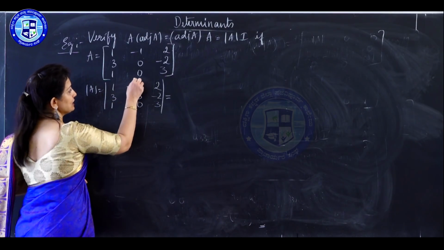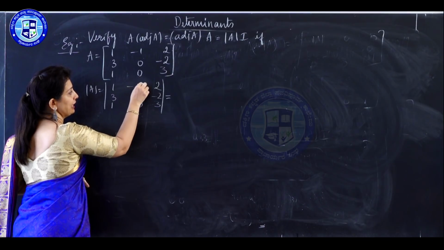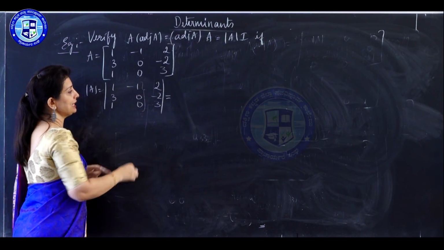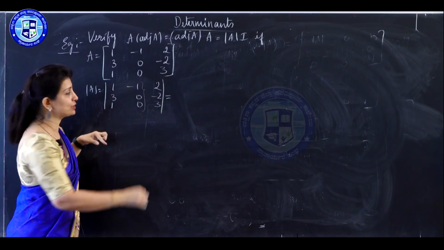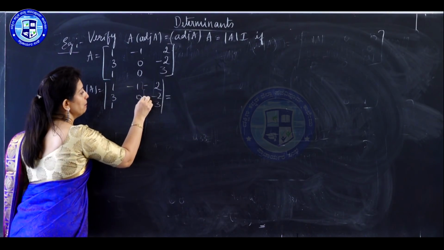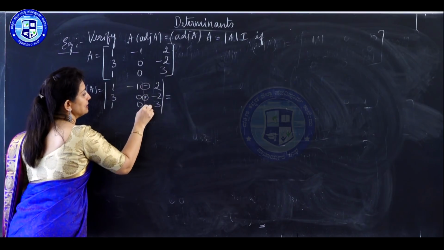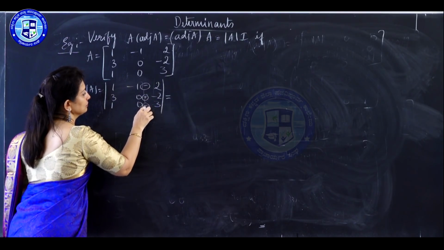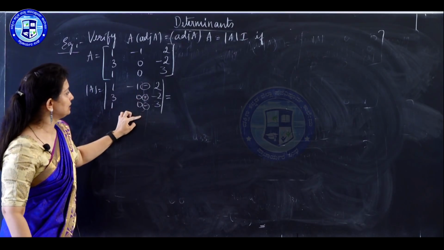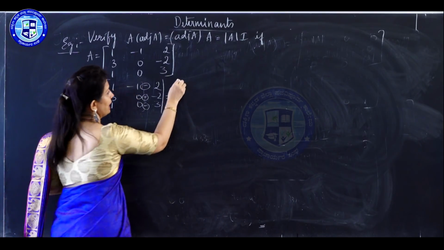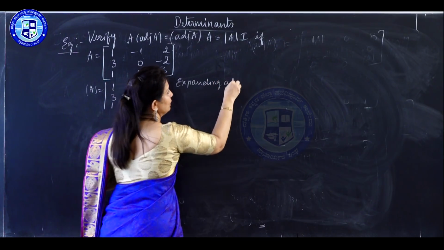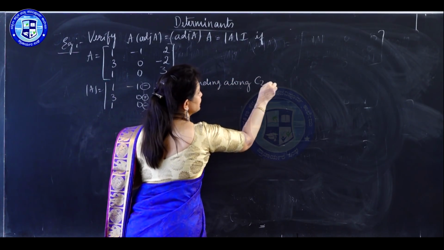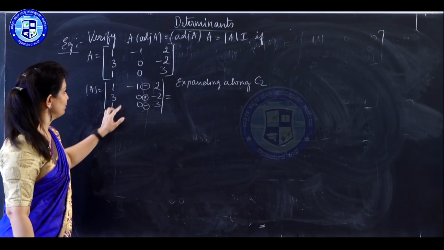So expanding along the second column, what are the position signs? It is diagonally positive, other 4 elements are negative. So it is minus, plus, minus, when you expand it along the second column C2. So what do we get?